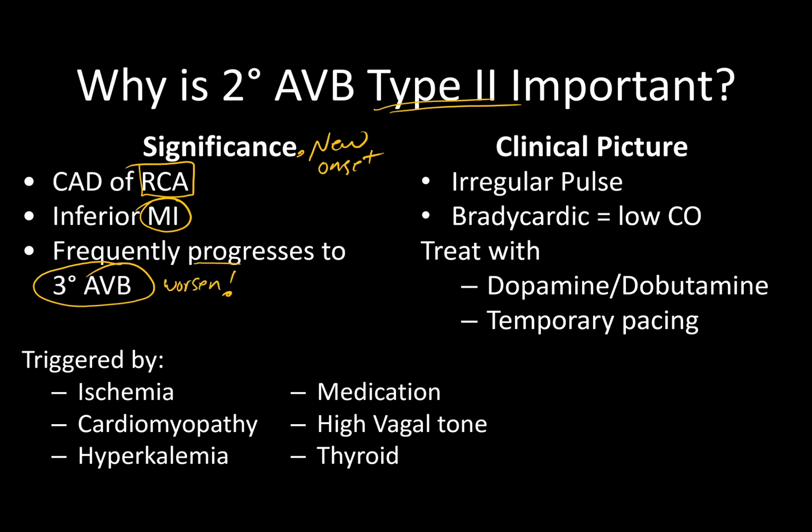We definitely don't want that to happen. We want to intervene before that occurs. Triggers, like we said just a minute ago: ischemia, so heart attack. Cardiomyopathy, you've got a stretched out heart. Hyperkalemia, you've got high potassium. Medications, you've got your beta blockers.